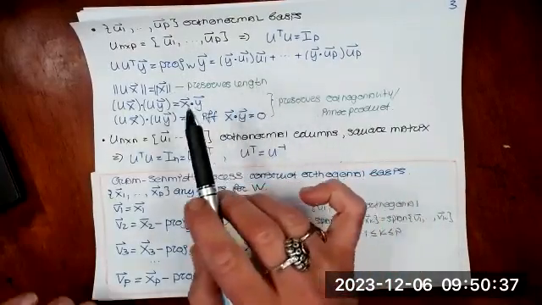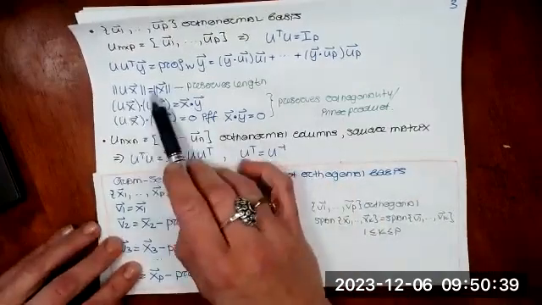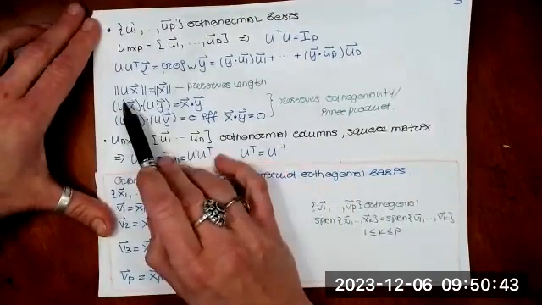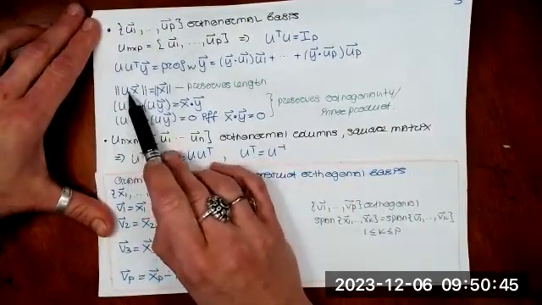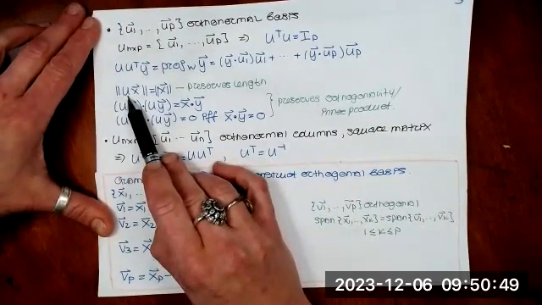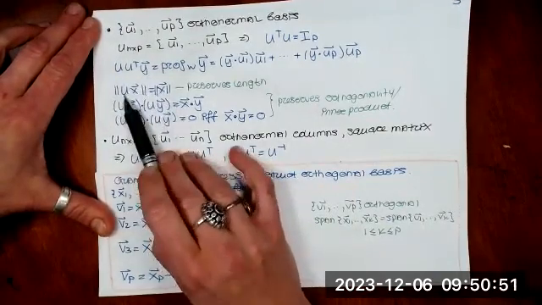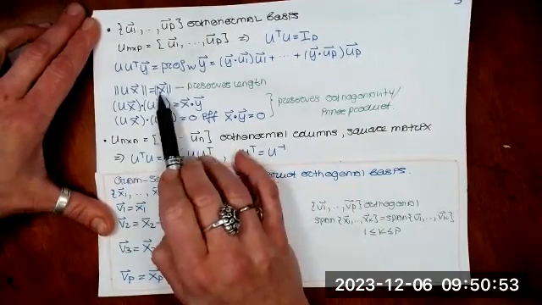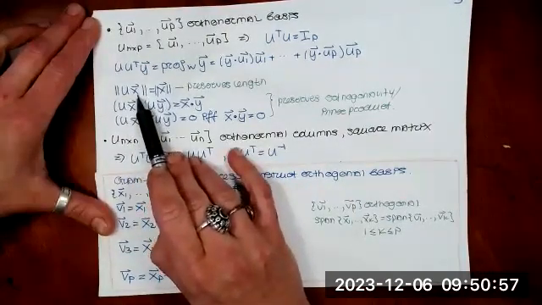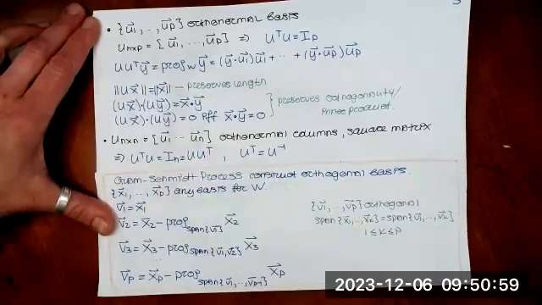It will preserve length. So if I have a vector x, and I take the magnitude of U multiplied by x, where U has orthonormal columns, the length is going to be the same. Multiplying by an orthonormal matrix does not change the length of the vector.